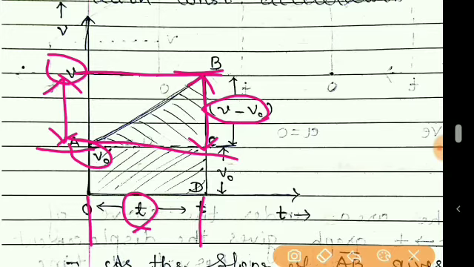And here this is 0 and this is v naught. So this much part is v naught minus 0, means it is v naught.